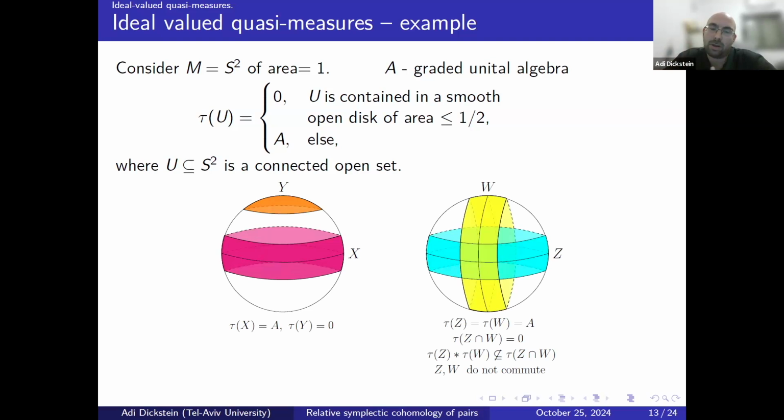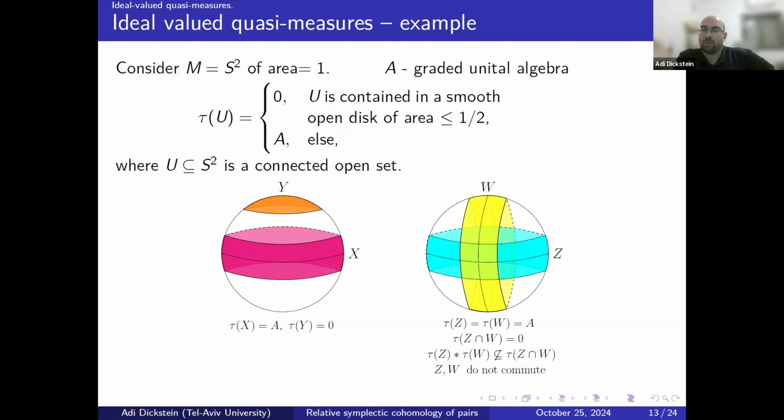On the other hand, if U is a thin annulus that contains the equator, then its measure is the algebra itself. On the right side, you can see two very thin annuli with small intersection.